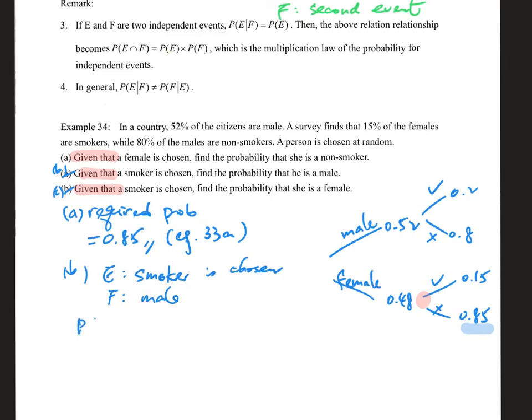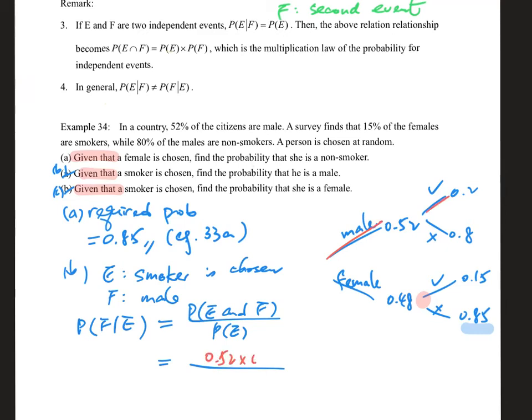So P(F given E) is given by the formula P(E and F) divided by P(E). What does E and F mean? It means a male smoker, so it's 0.52 times 0.2. What's the meaning of P(E)?